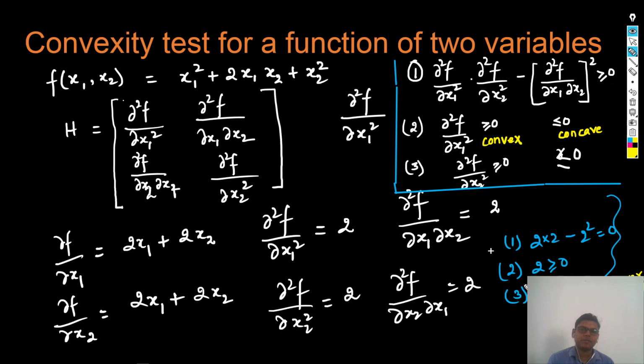If the function is convex, the curve will be convex downward, so you will get a minimum value.